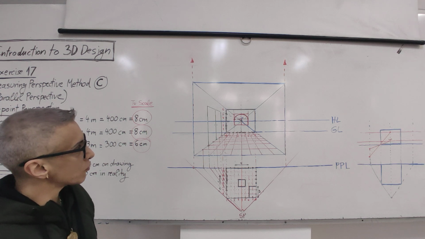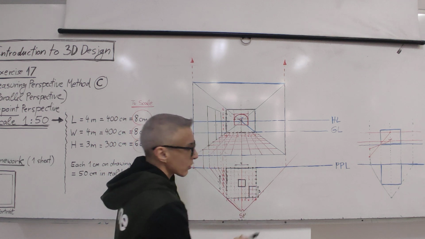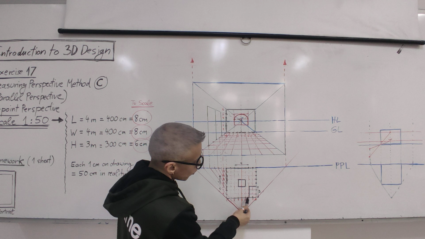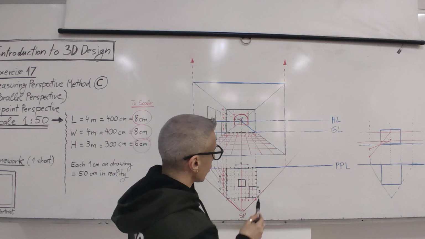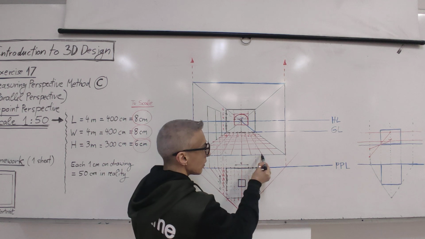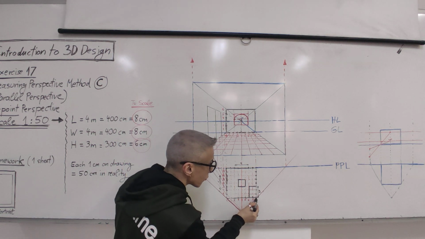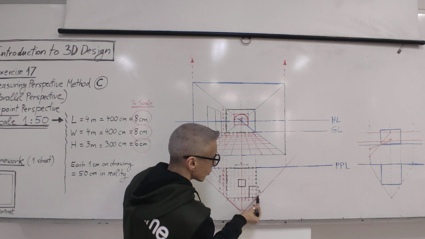Now, what else do we have? We have this object here, which is kind of a cupboard with certain measurements. So it's 2 by 3 and with a certain height. Now this point, I know where it is located. It's located here because it's following this line.